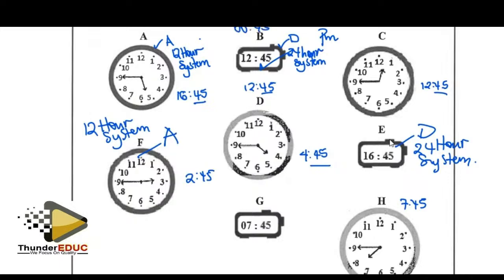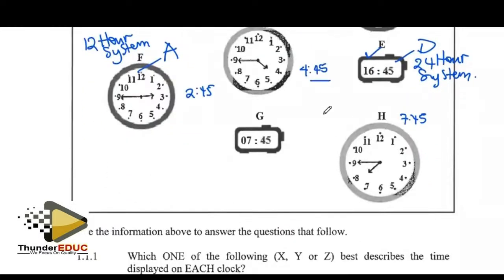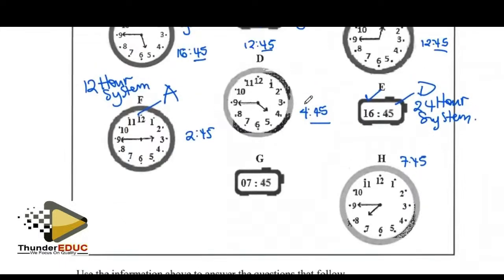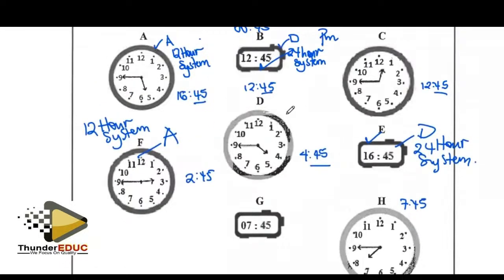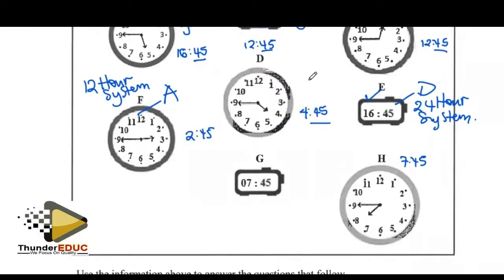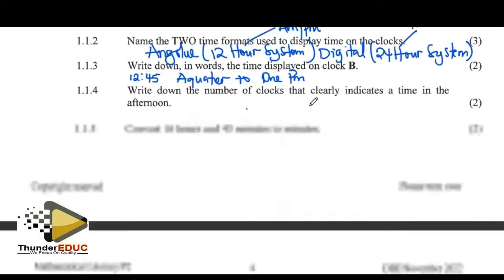You see that? But now this one's clearly afternoon. Why? It's because it's in digital format. Also, this is another one, clearly afternoon. For the analog, we cannot use it because we don't know where it is. If they put AM, PM, then we'll tell. But we are only looking at digital. So it's only B and E.